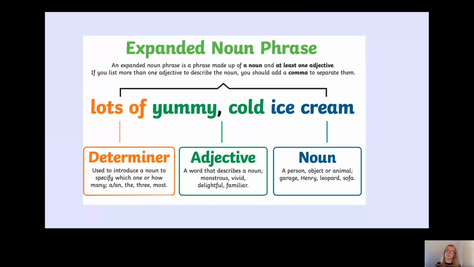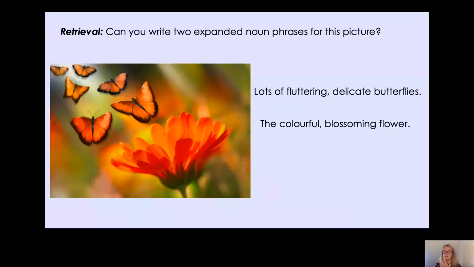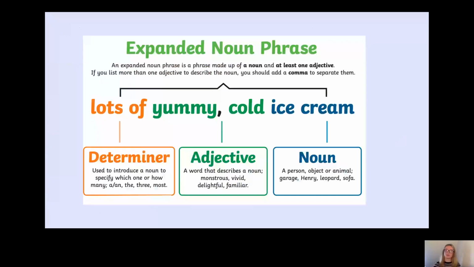And they need to be separated by a comma. And then at the end, you need your noun. So in my expanded noun phrases, I had butterflies as one noun and flower as the other in my next one. So what I'd like you to do, now we've recapped on all the parts of an expanded noun phrase, could you have a look at the 2 expanded noun phrases you've just written and have a look, have you included all the parts? Pause the video now and have a look for me.